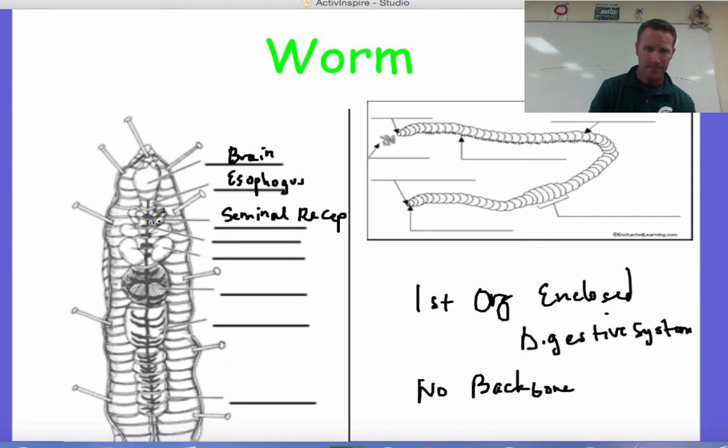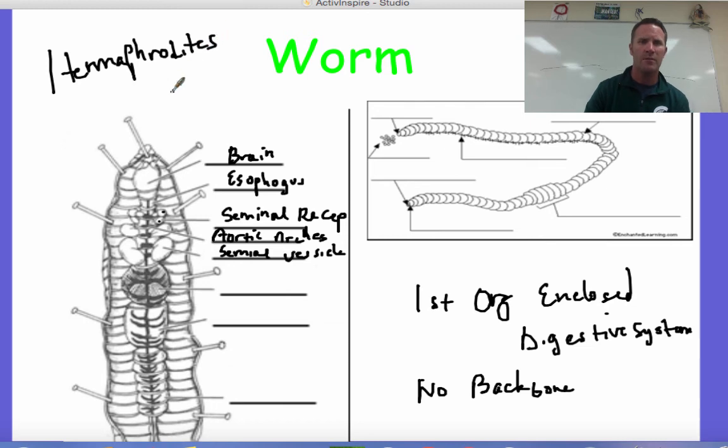These right here were the 5 aortic arches, which is the worm's hearts. Okay, and then these were the seminal vesicles. So that is the equivalent of the worm's testes. Okay, so we know that worms are what we call hermaphrodites because they contain both male and female sex organs.